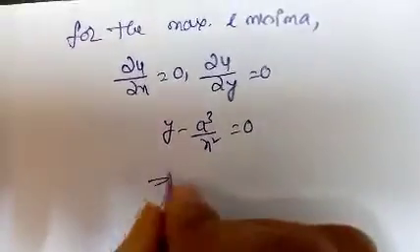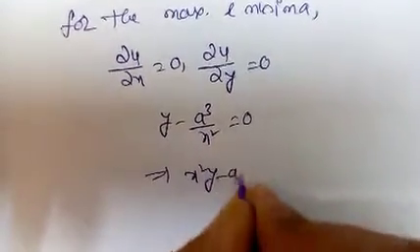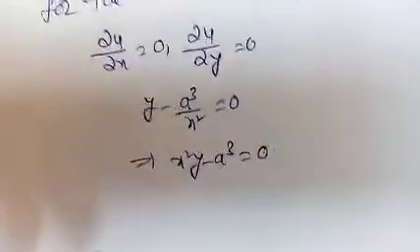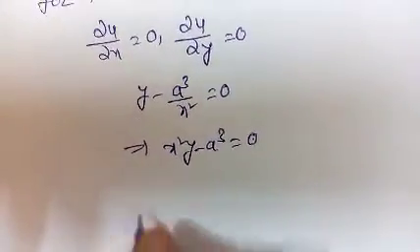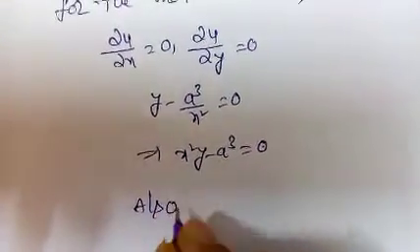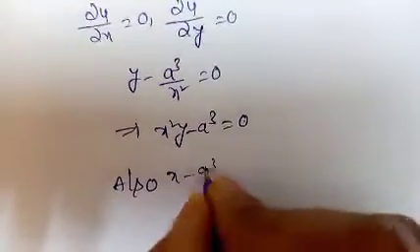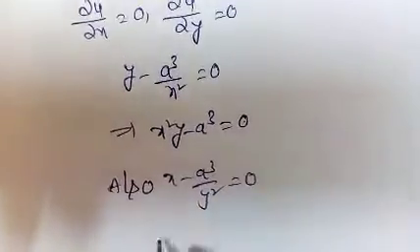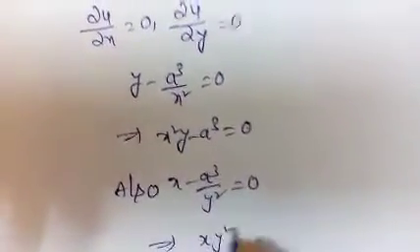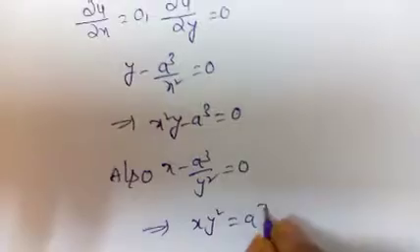So from this, x square y minus a cube equal to 0. Also dou u by dou y: x minus a cube by y square equal to 0. From here xy square equal to a cube.